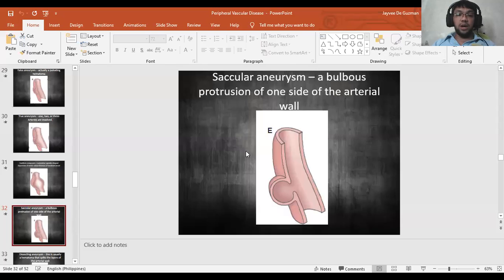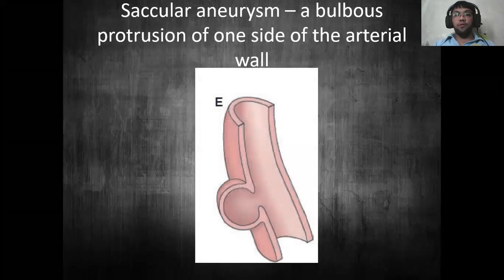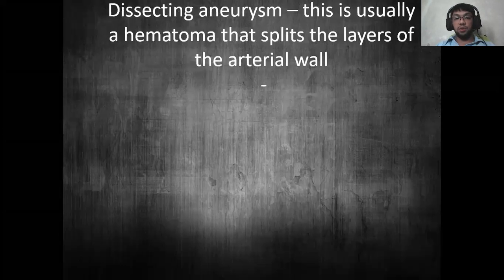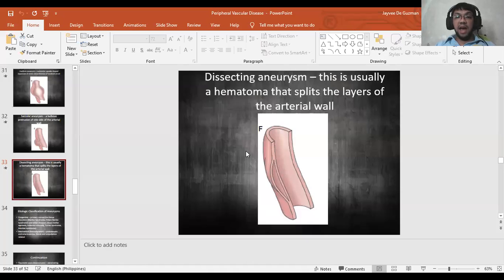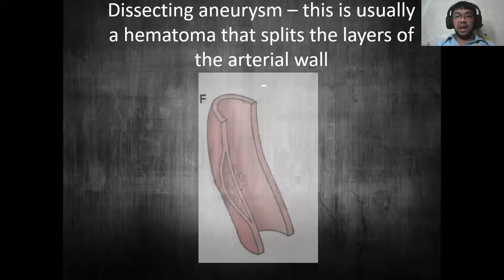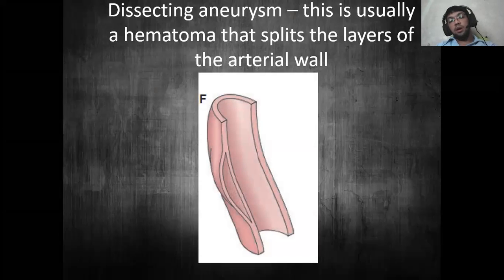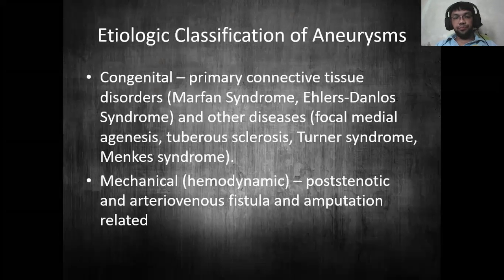While for saccular aneurysm, there is a bulbous protrusion of one side of the arterial wall, as you can see here in this description. While for a dissecting aneurysm, it's usually a hematoma that splits the layers of the arterial wall. So probably in this one, the tunica adventitia has split off from the tunica media.